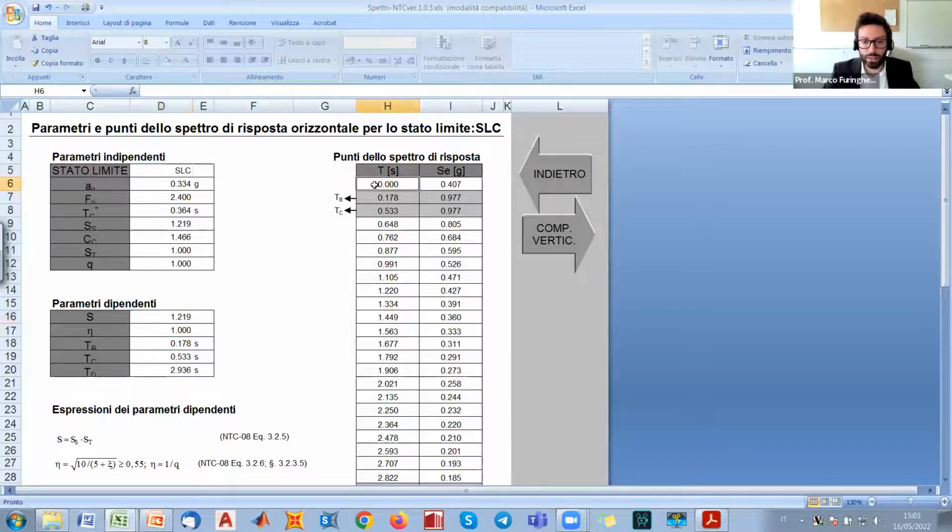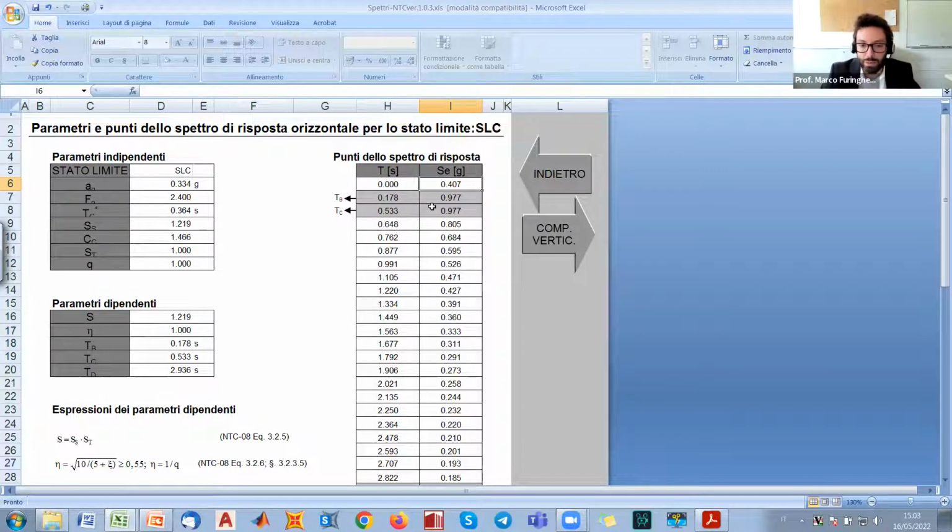Just note that units are always a very important issue to deal with in engineering. Periods are given in seconds, and this is generally provided in all codes. But here the acceleration values are provided in Gs. This means that for all our computations, we need to multiply these values by 9.81 meters per second squared, because we need acceleration values measured in meters over second squared.